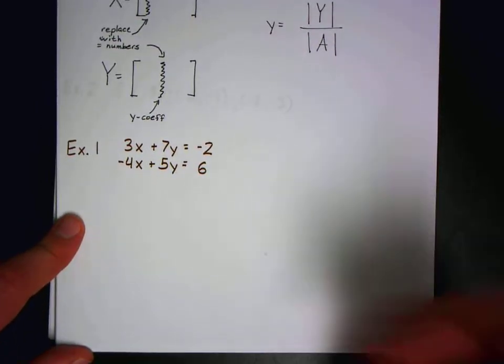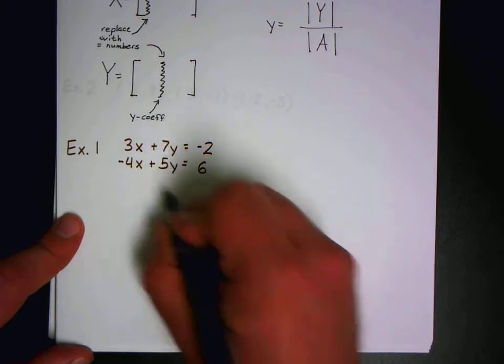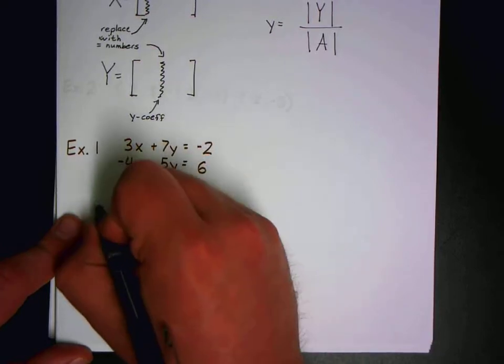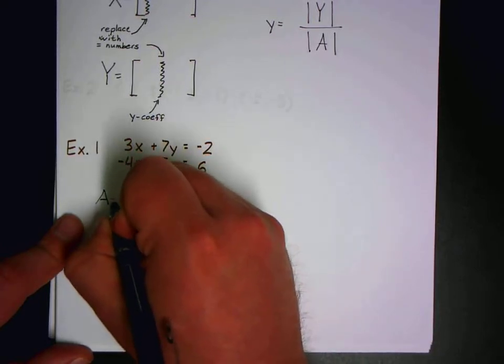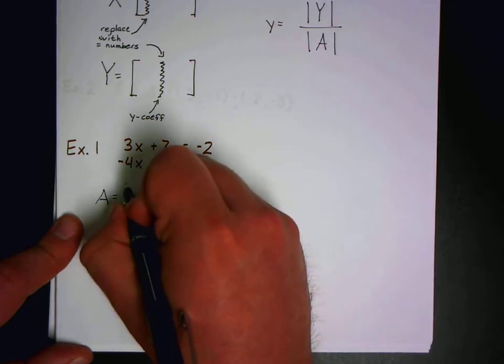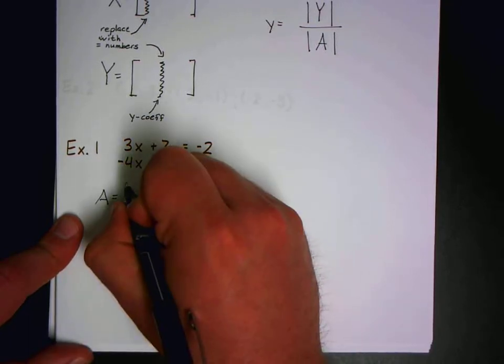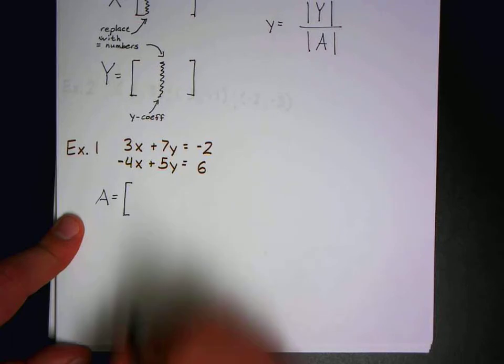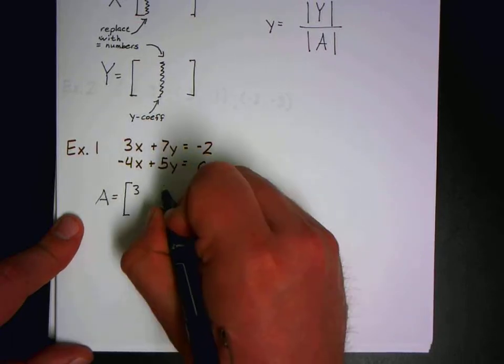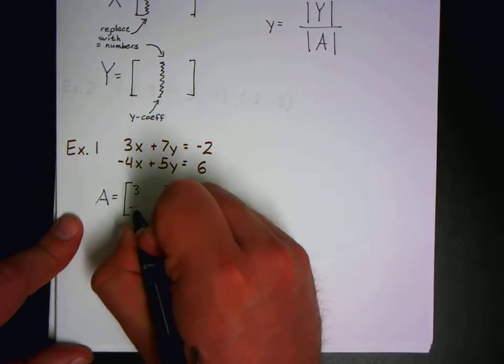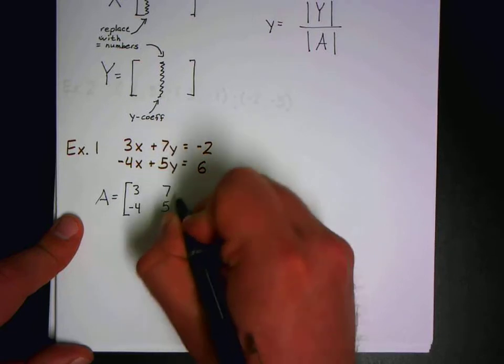Okay, so if I did this, my A matrix, why do I keep putting the absolute value sign? Would be the coefficients. So 3, 7, -4, 5.